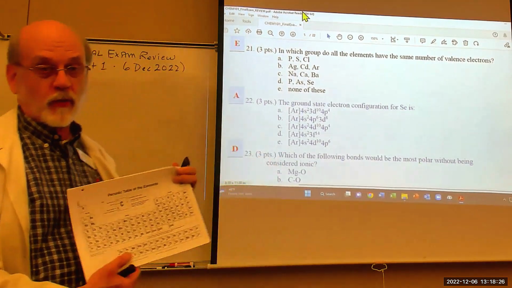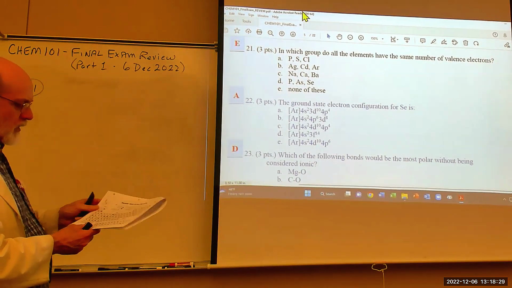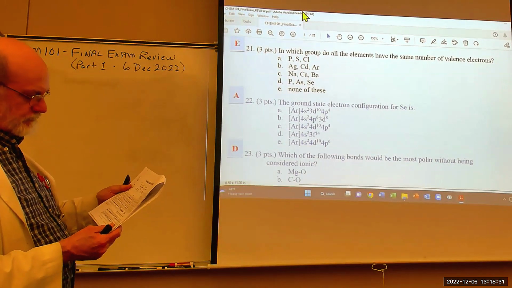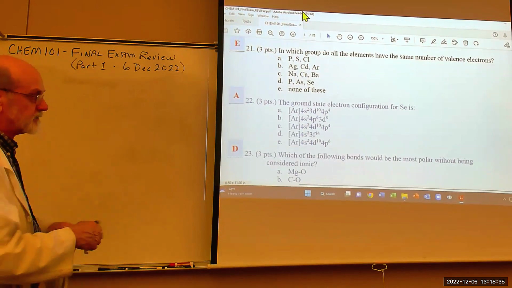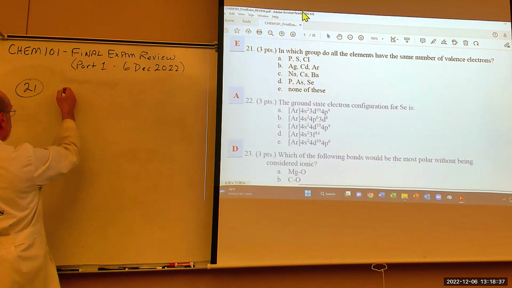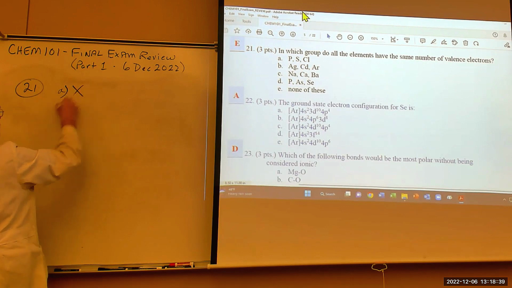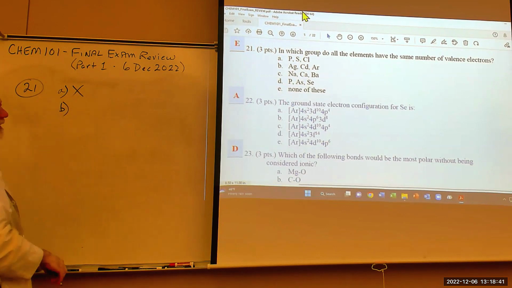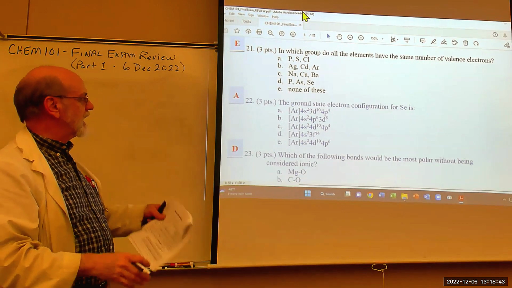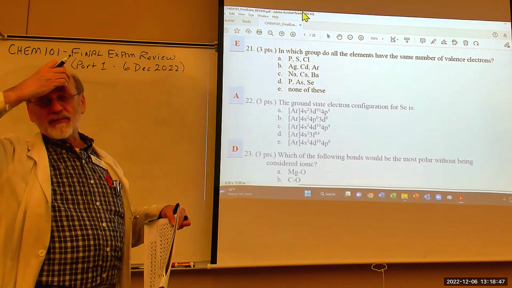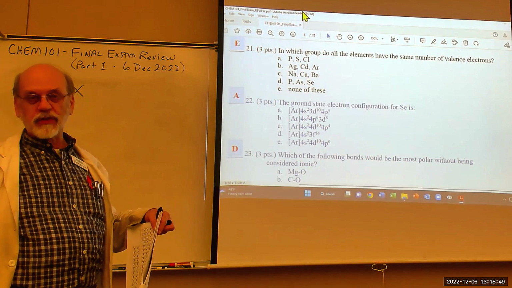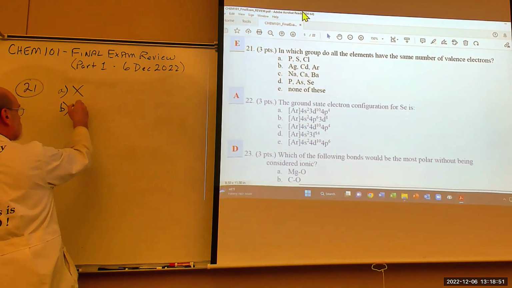So that's what you're looking for. Phosphorus, sulfur, chlorine. They're in the same period, but not in the same group. So A is not going to work. Silver, cadmium, and argon. Silver and cadmium are metals. Argon is a noble gas. We don't even have to look at the table for that one.